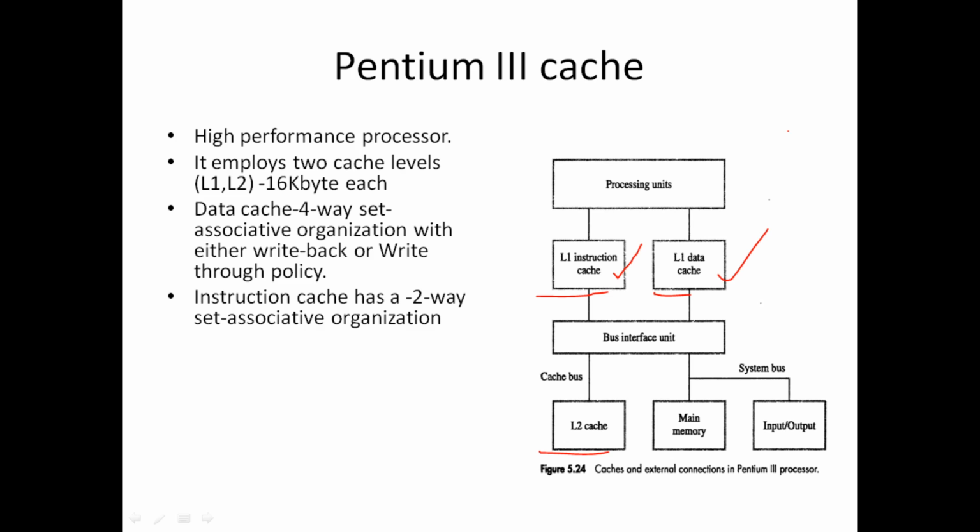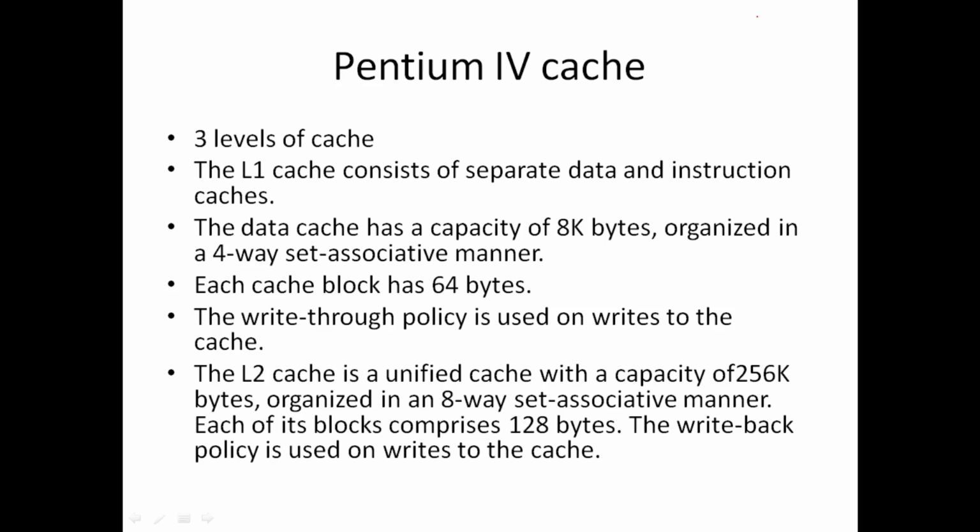Now let's see the next one, Pentium 4. Previously we saw the Pentium 3 having a 2-level cache. Here Pentium 4 has 3 levels of cache memory. L1 cache consists of separate data and instruction caches.